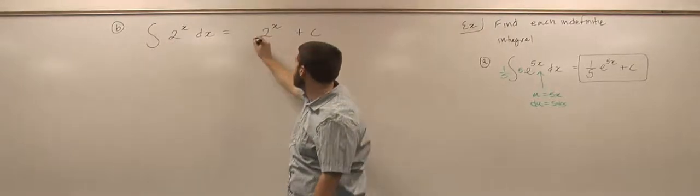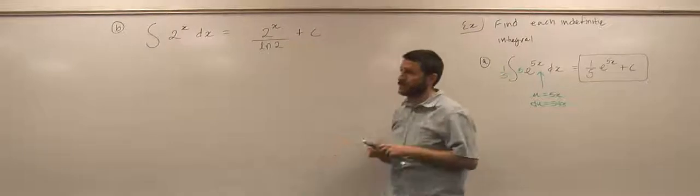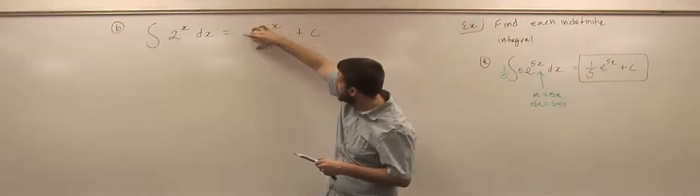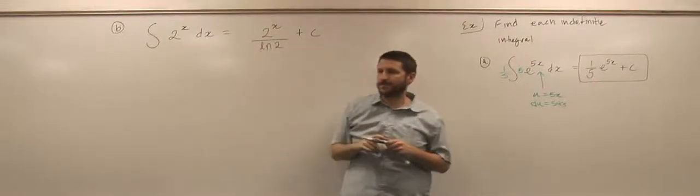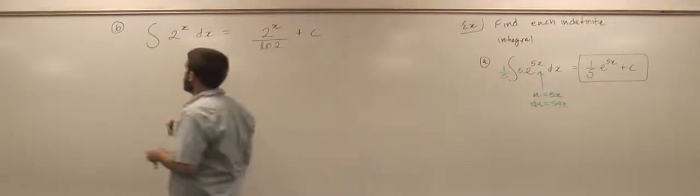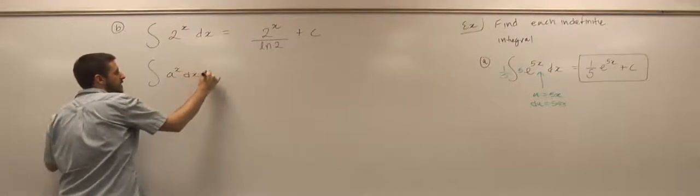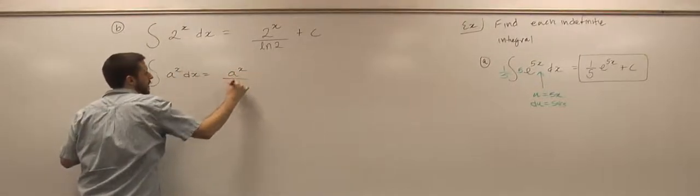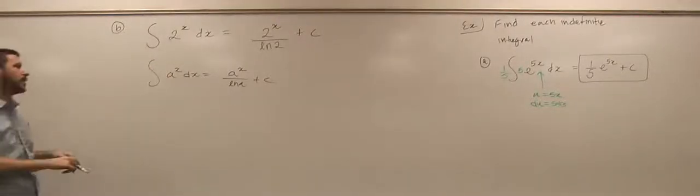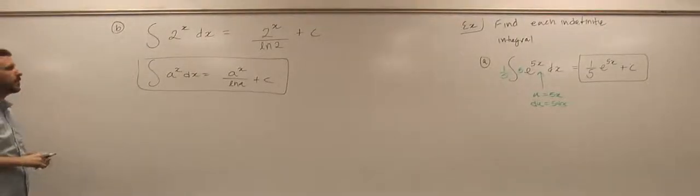So to make up for that ln 2 factor popping out, you divide by ln 2. If you did the derivative, the ln 2 would cancel with this ln 2 and get you back here. So the general formula I wrote last time: the integral of a to the x is a to the x divided by ln a, for any base bigger than 0, not equal to 1.